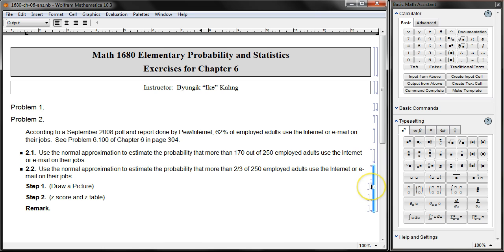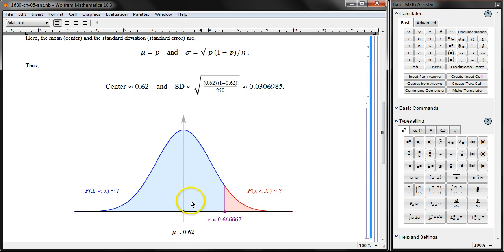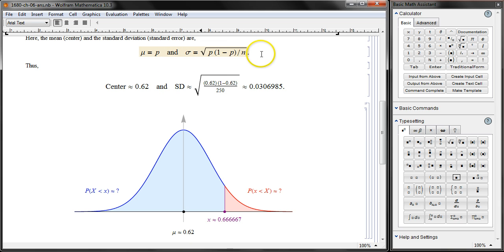You have to draw a picture, but what's the center here? We are talking about the proportion, and the proportion given is 62%. That is going to be my center, 62%. Here's the formula, or formulae rather. Mu is p, the center is the given proportion, and the standard deviation is the square root of p times 1 minus p over n.